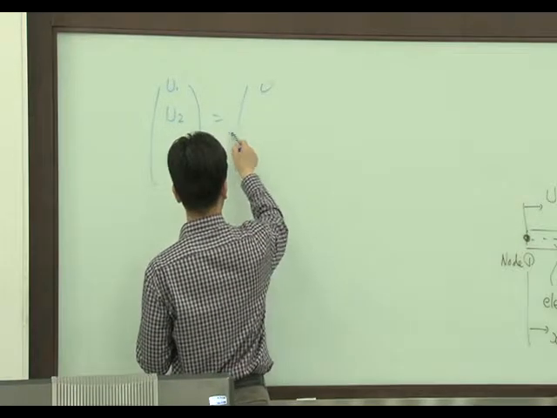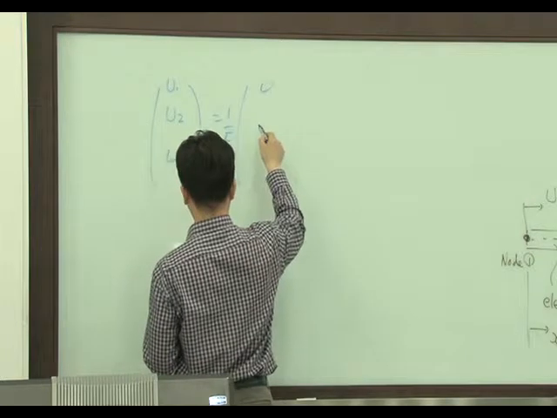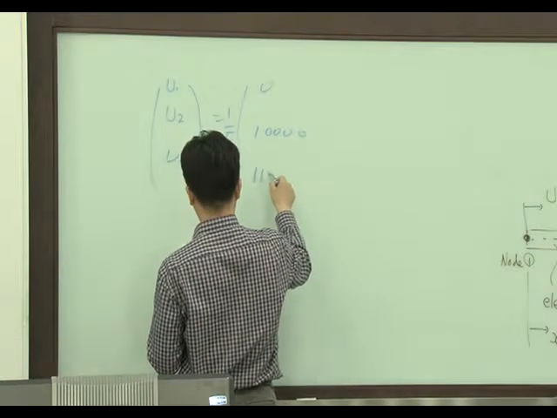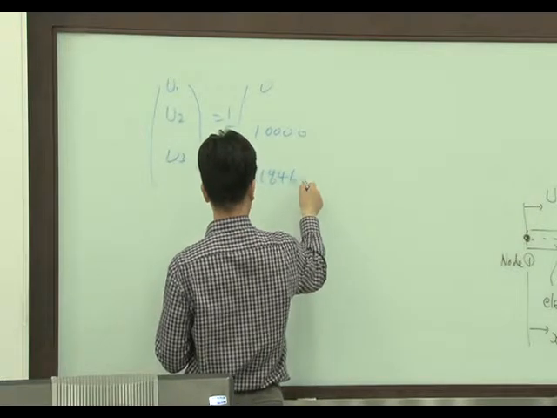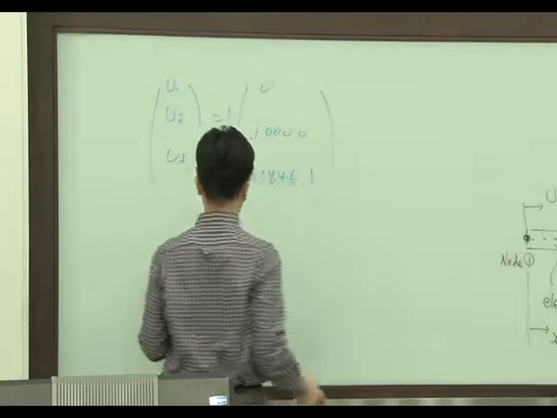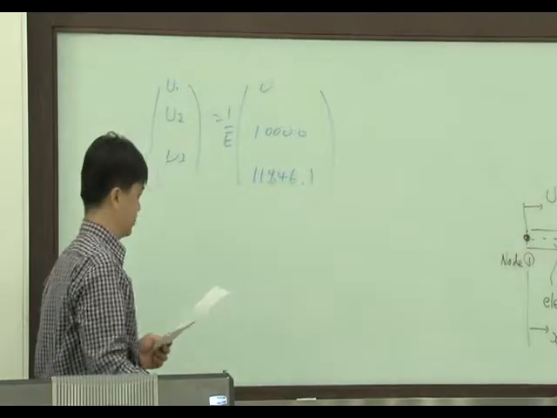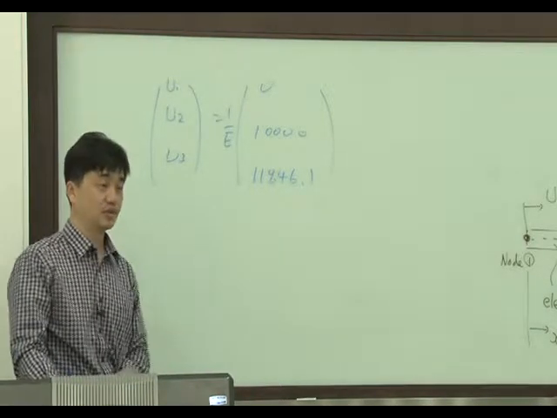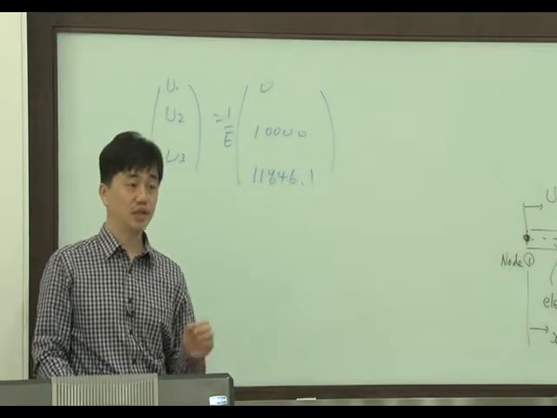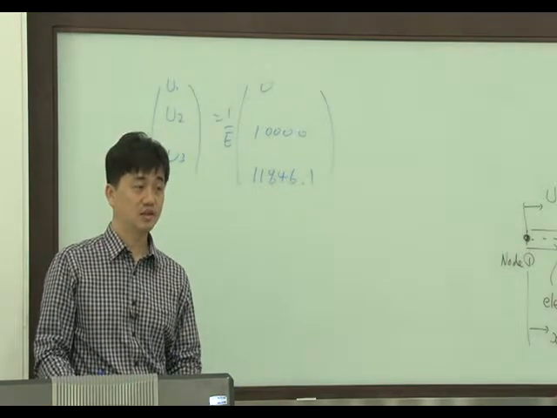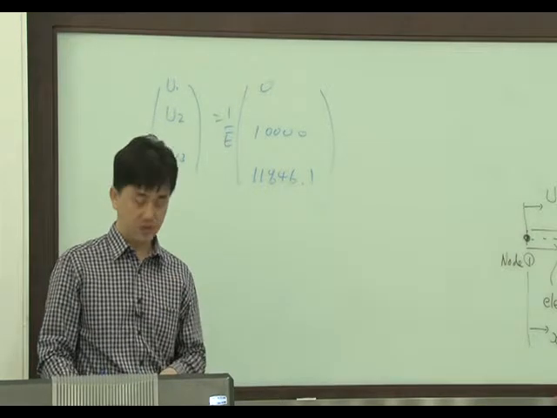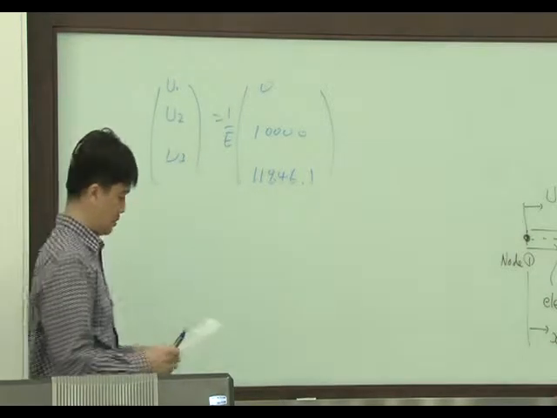So E over 1, okay, something like this. So now we know displacement, nodal displacement. So we can calculate the strain, right? By using the B matrix and also stress.